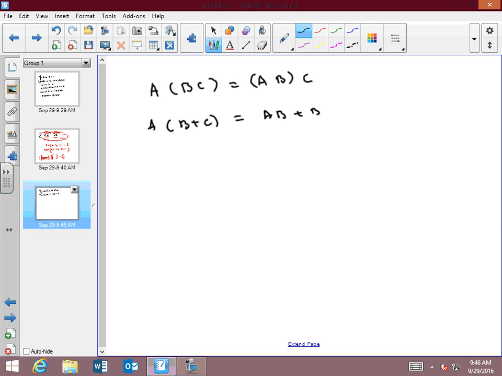And then you can also do this where you go B plus C, A.